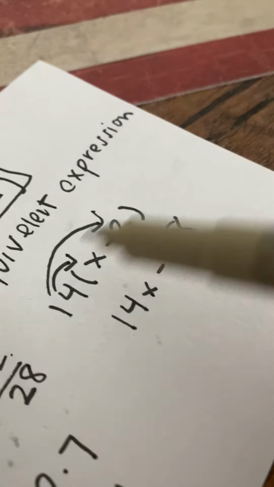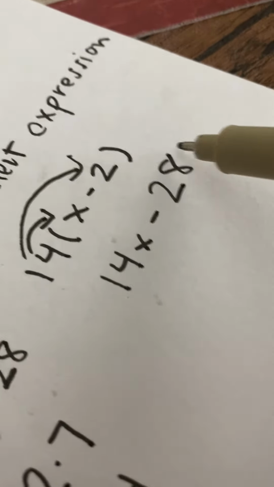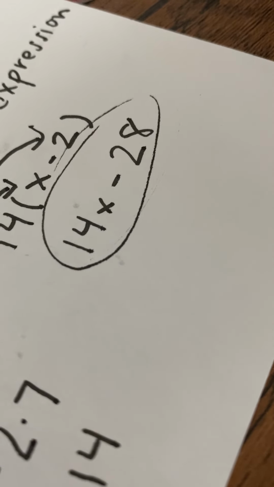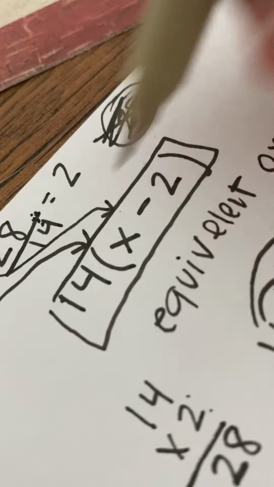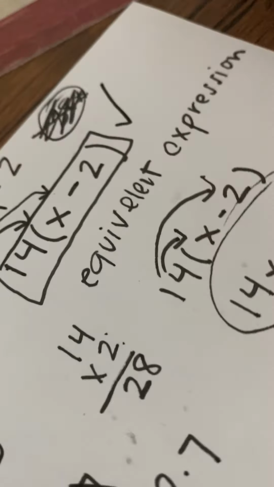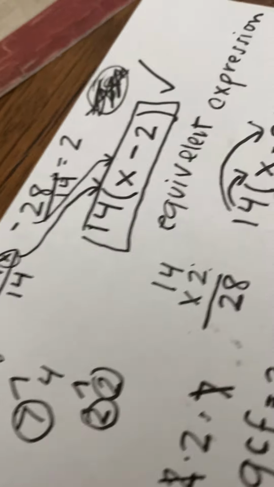Y'all did great with this. So 14x minus 28, if you're factoring it, becomes 14 times x minus 2. This is just a way to check it. So we got it right because when we distributed this back out, we got the exact same thing.